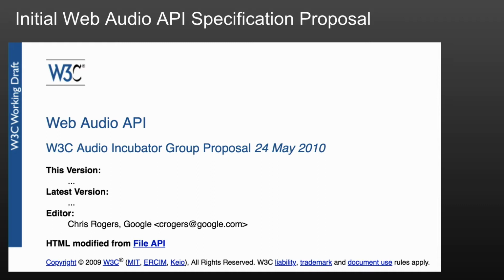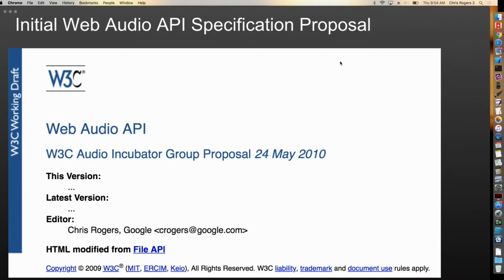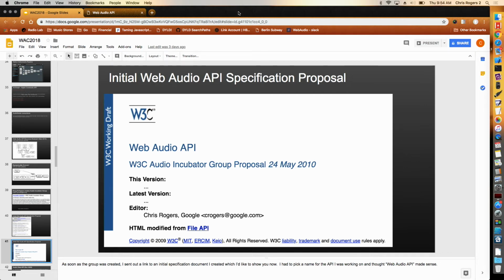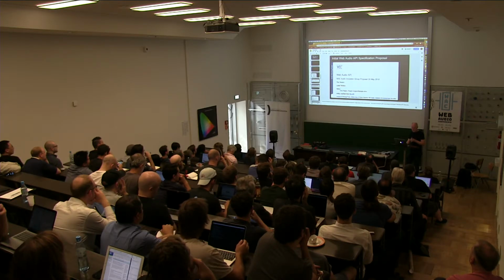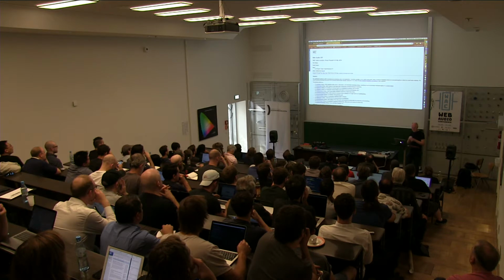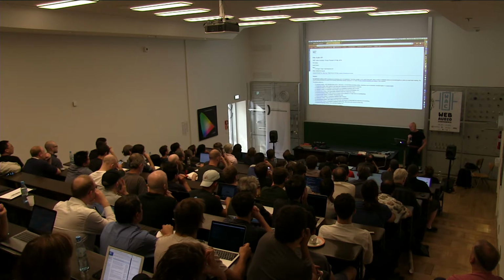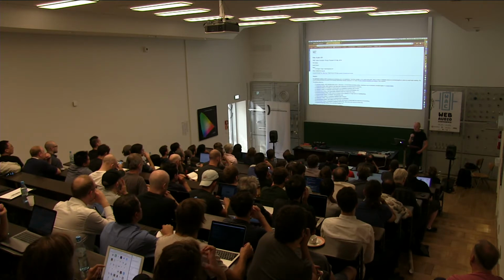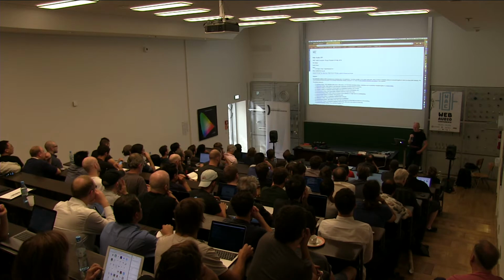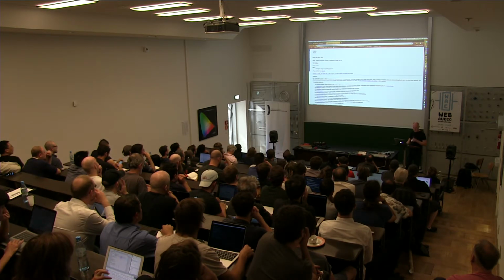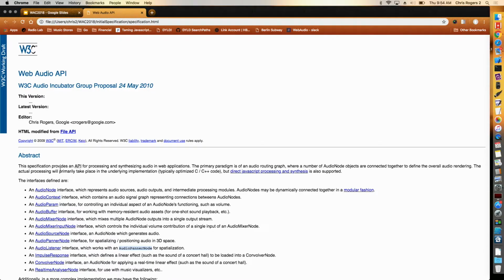I actually have a version of it I can show you if I get out of here. So I think it's dated. I sent it in the email in June, but I actually made this document in May, 24th May 2010. The specification provides an API for processing and synthesizing audio in web applications.